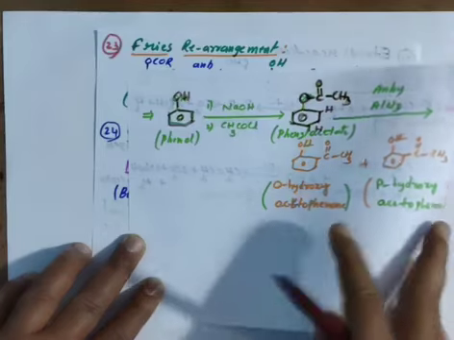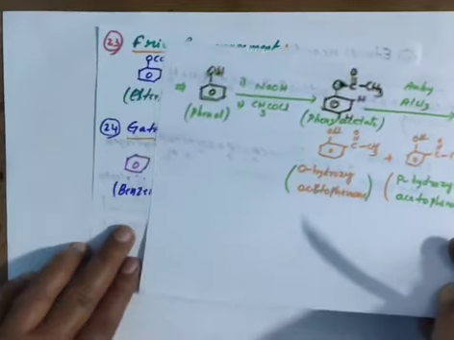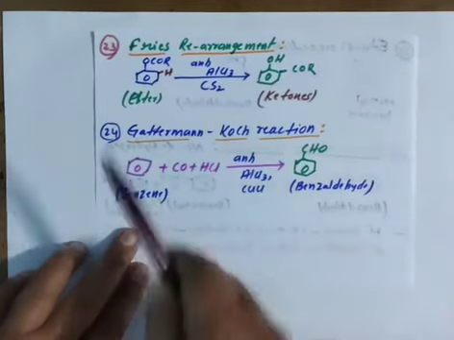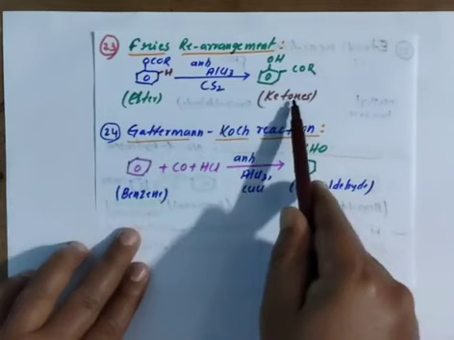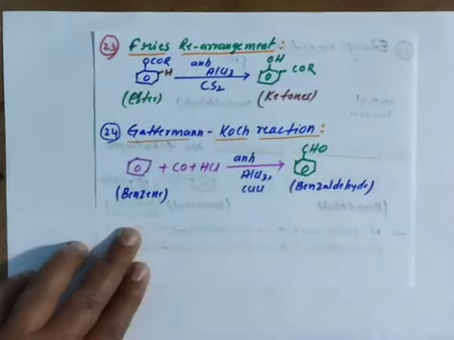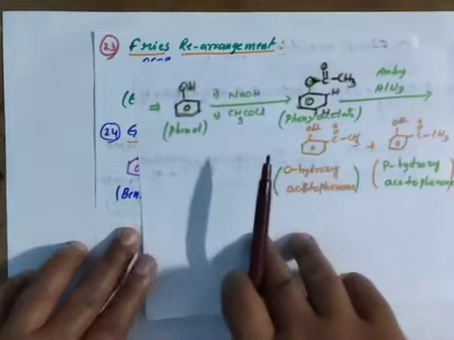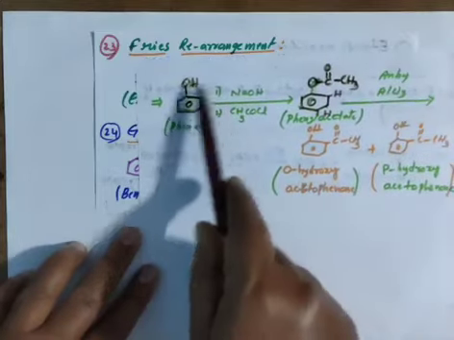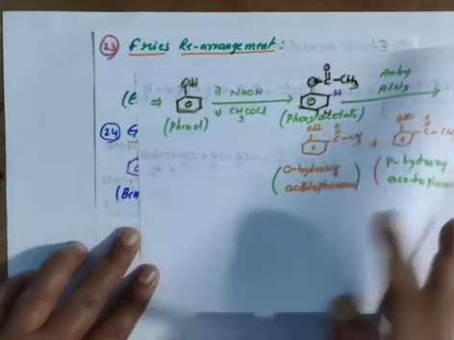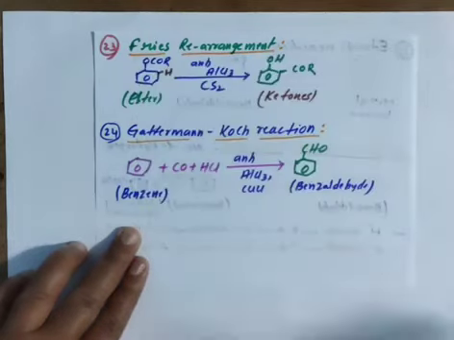So esters are converted to ketones. Here I directly showed esters to ketones, but actually esters are first obtained from phenols. Phenol to ester, ester to ketone. That is the Fries rearrangement reaction.